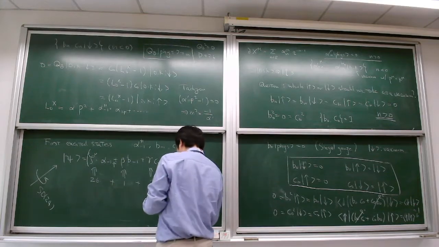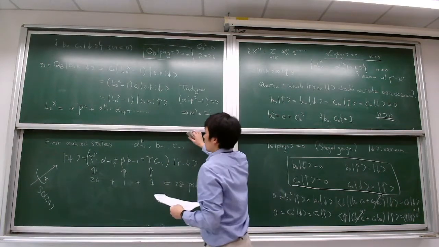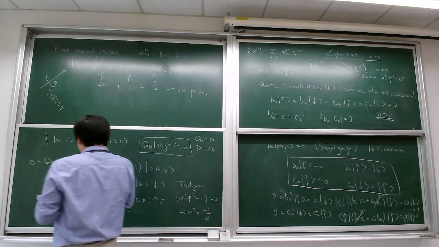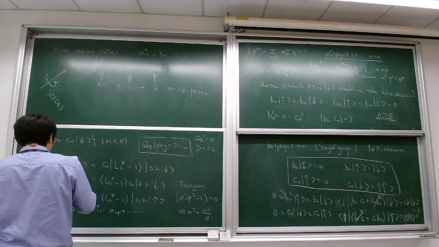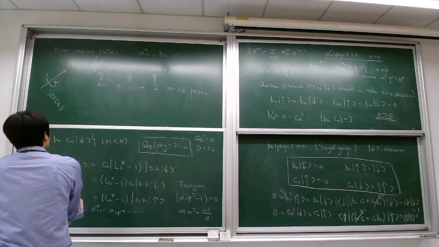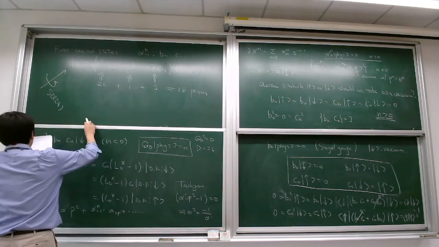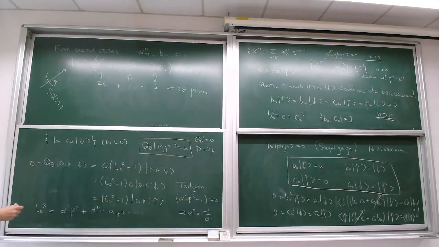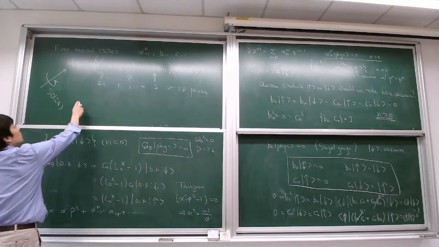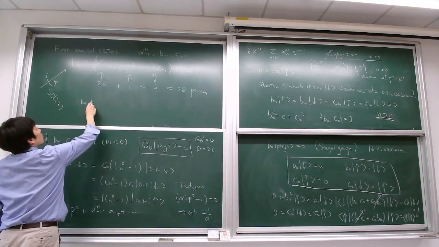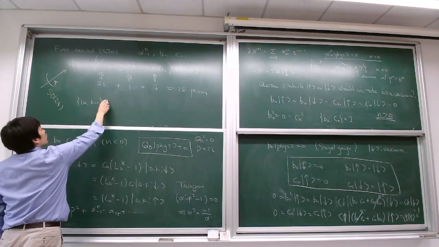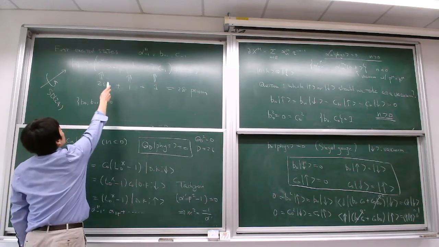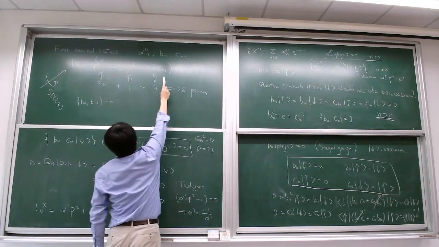So first of all, we can do the following things. Let's see. B0 anti-commutes with B minus 1, anti-commutes with this one, and also commutes with this one.